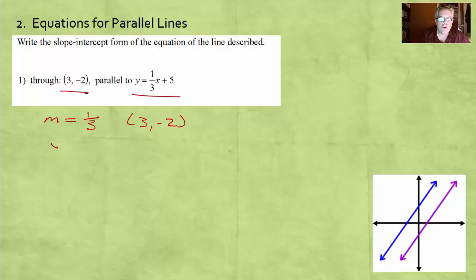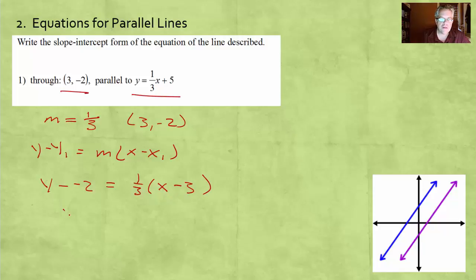So we're going to use point-slope form: y minus y1 equals m times x minus x1. So if we just put in the information, y1 is the y-coordinate of the given point, so it's y minus the negative 2, equals 1/3 times x minus x1, which is 3, the x-coordinate of the given point.